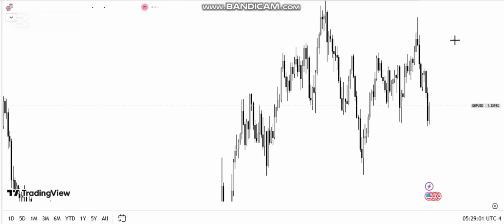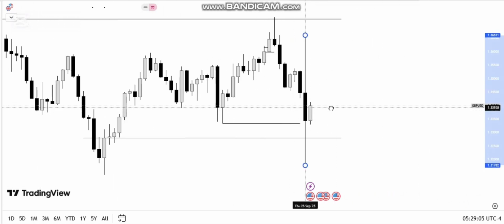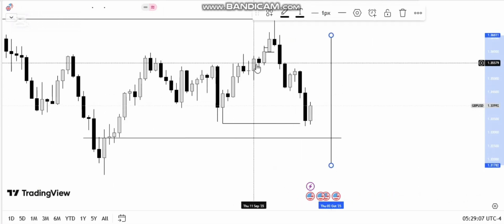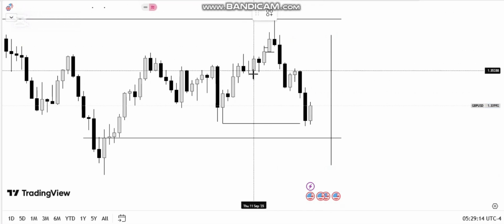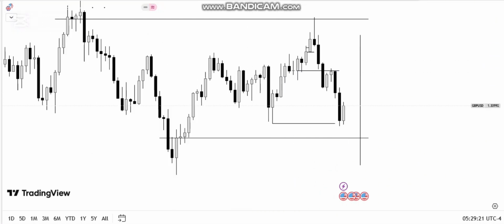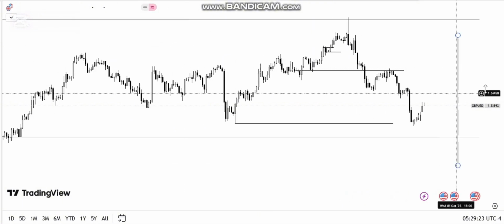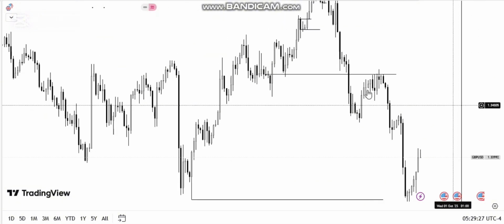Let me start with the daily and see which area was broken last. So this was the last area, which means this would have been the area the market reacted from. If you cannot see properly, go to the 4 hours, because after marking that area on the daily time frame, you can literally go to the 4 hours.